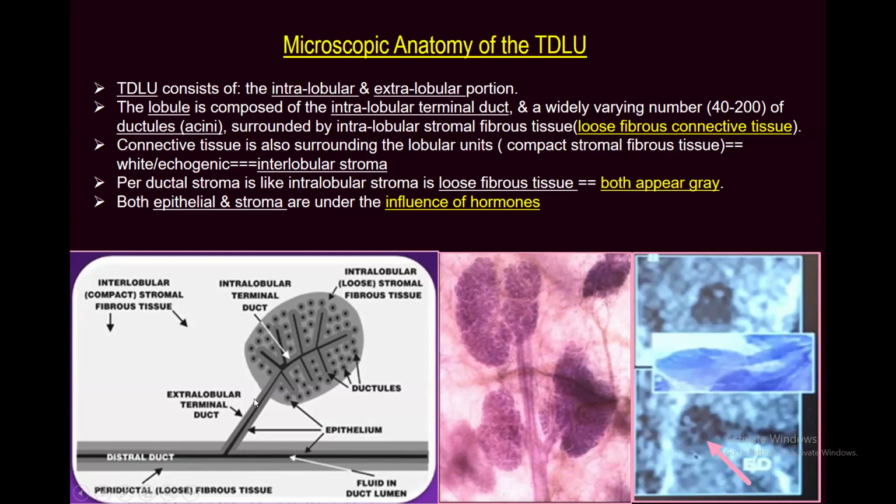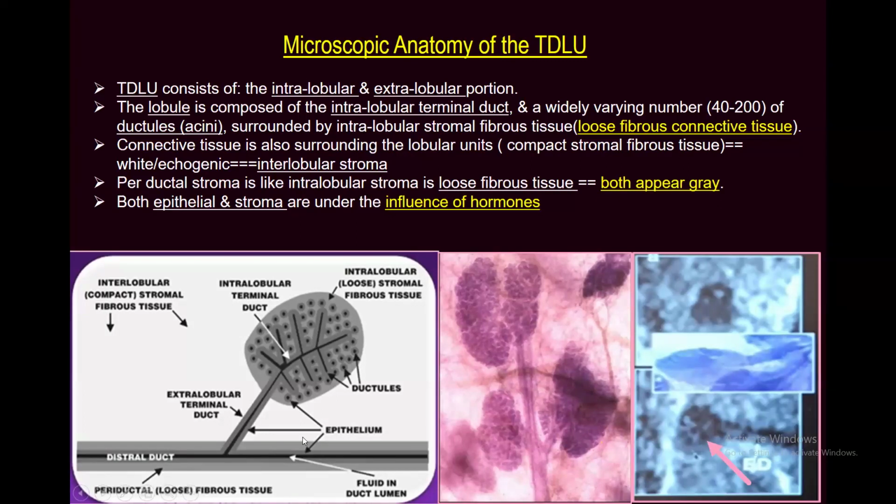The extension of the extralobular terminal duct inside the lobule is the intralobular terminal duct. Okay, and within the lobule there are numerous ductules or acini embedded in stroma. And the stroma within the lobule, as we mentioned before, is the loose stroma. It is gray. It is isoechoic to the fat.